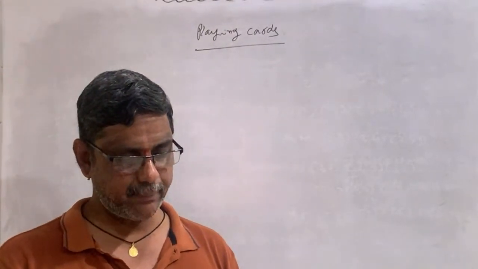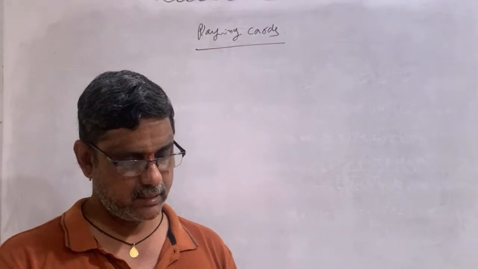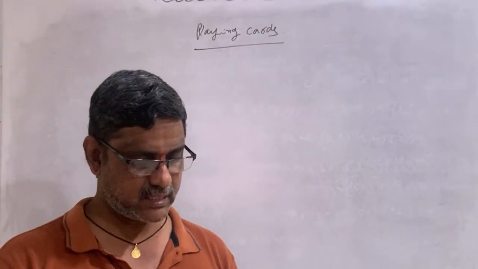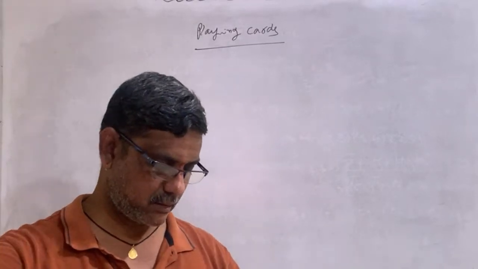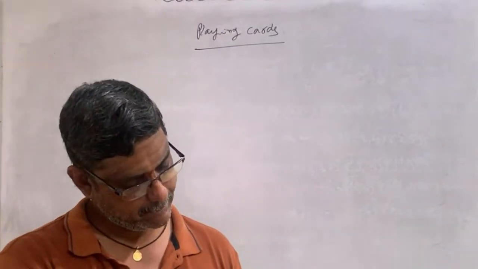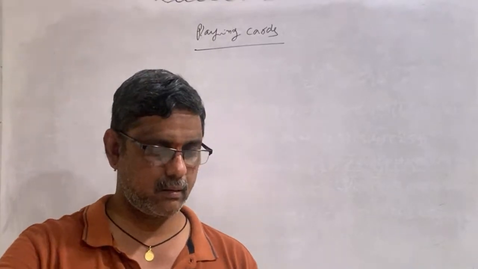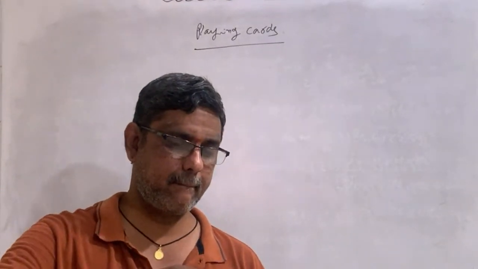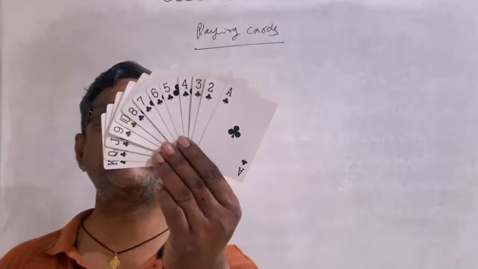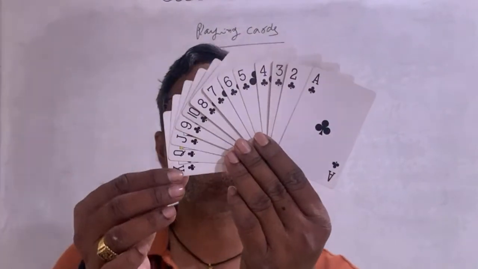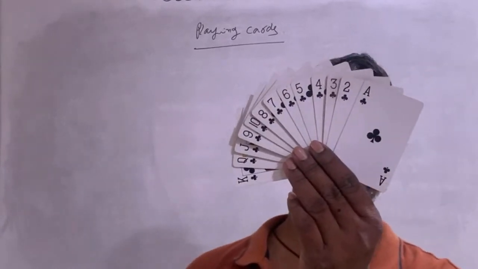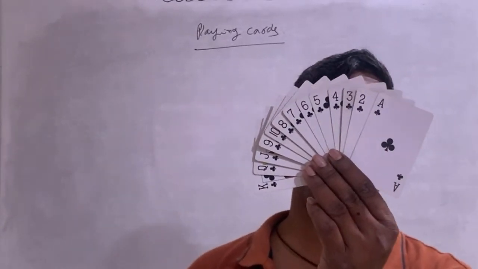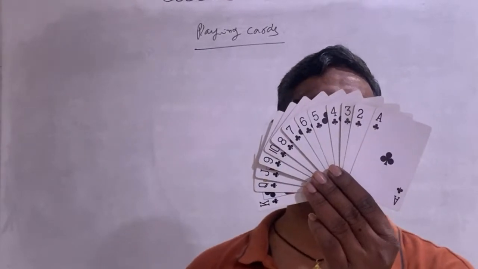So each shape contains 13 cards like this. You can observe 13 cards.